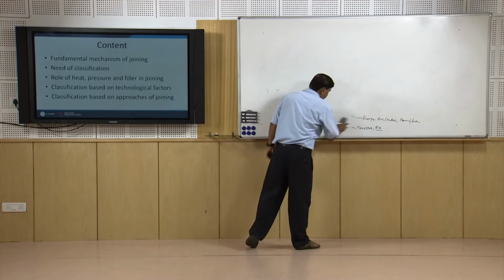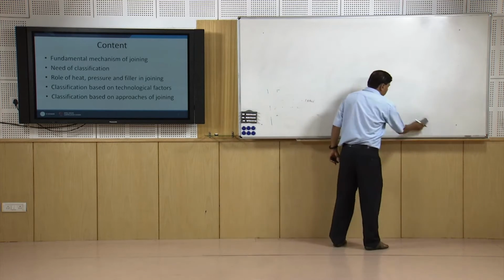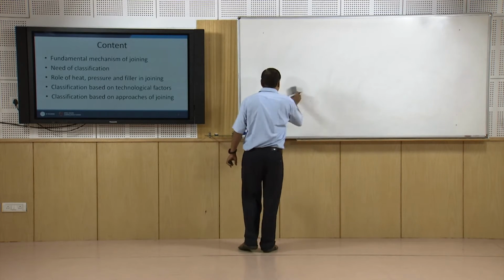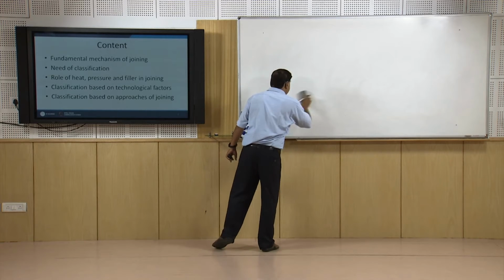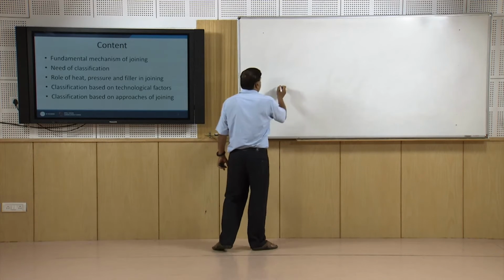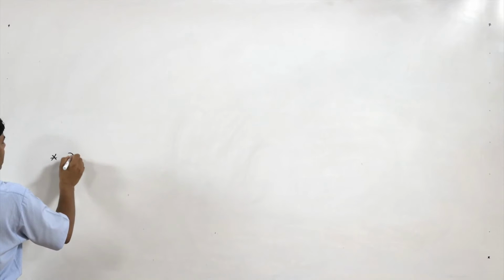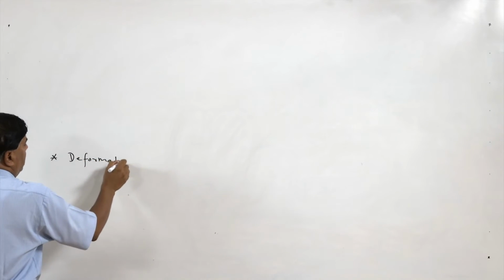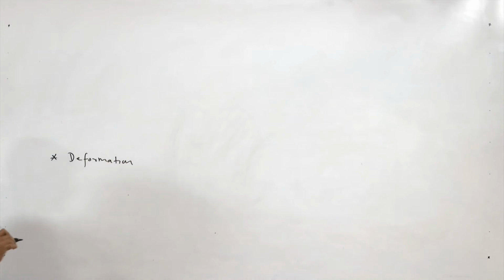So, we will see first the mechanisms which are used for developing joints. Basically, there are three mechanisms which are used for developing the joints. One is the deformation, where the interfacial or the bulk deformation is used.